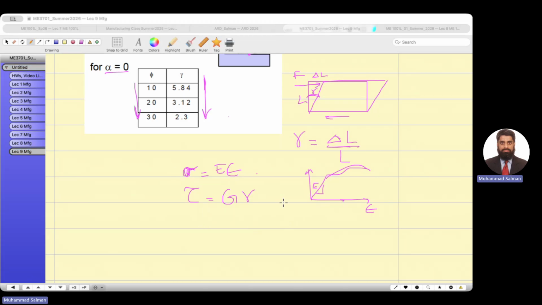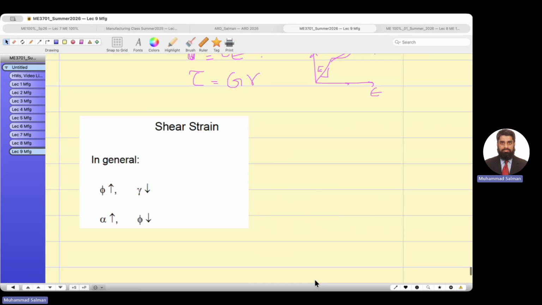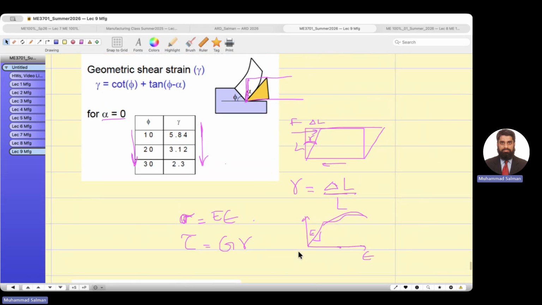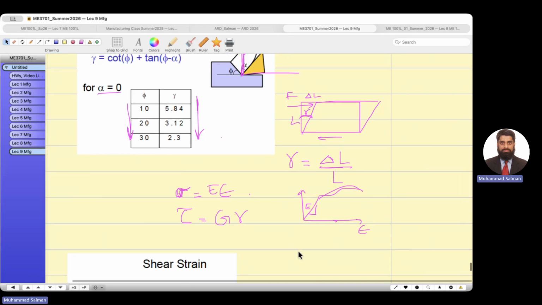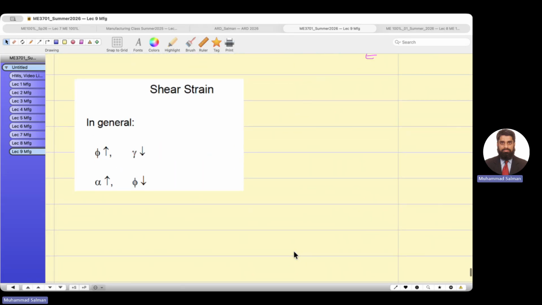In general, as you increase the phi, the shear strain decreases, like over here. And as you increase the rake angle, the shear strain decreases.